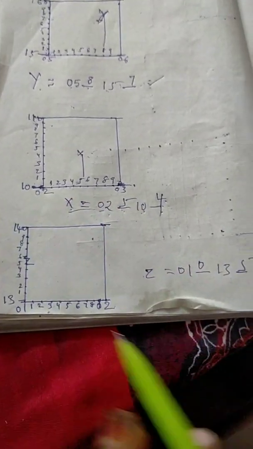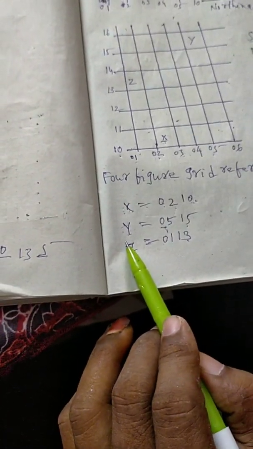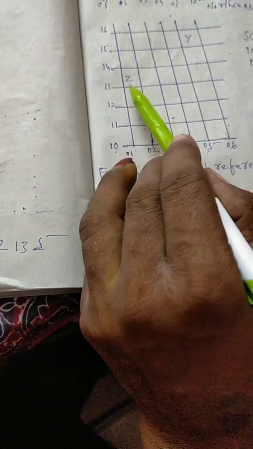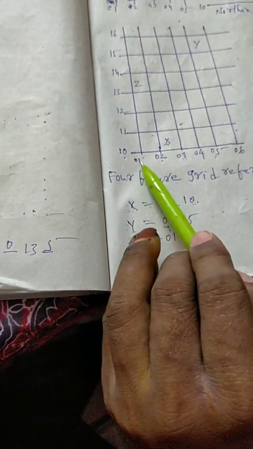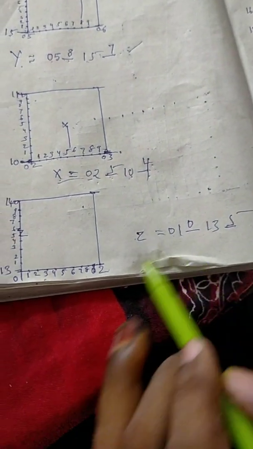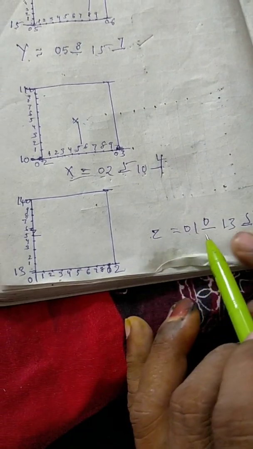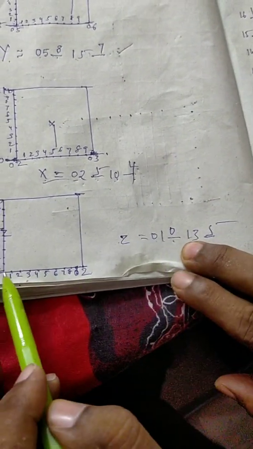And the last and final, z. Here we found 4-figure grid reference. The z is here 01, 13. So 01 dash 13 dash. See, this is eastings, first third figure, the eastings.